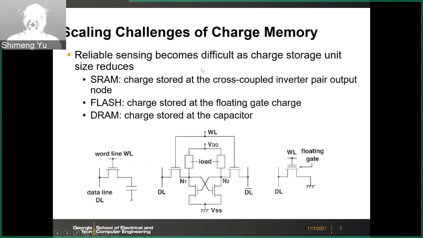So the challenge is that in general, as you scale this technology node, then the area or the volume to store those charges reduce. Therefore, you don't have many charges in the storage node, and then that will cause the sense margin degradation or the reliability problems as we discussed if you only store few number of electrons in those storage nodes.